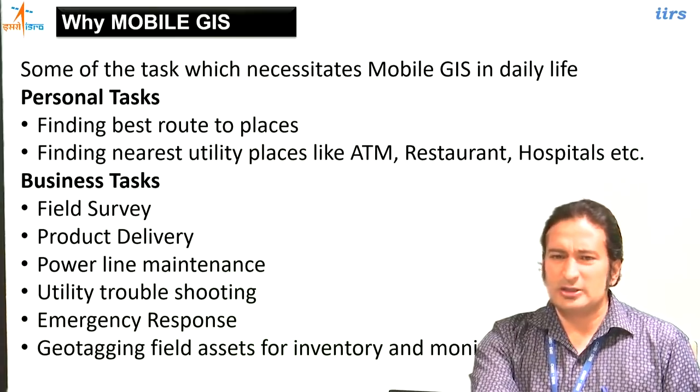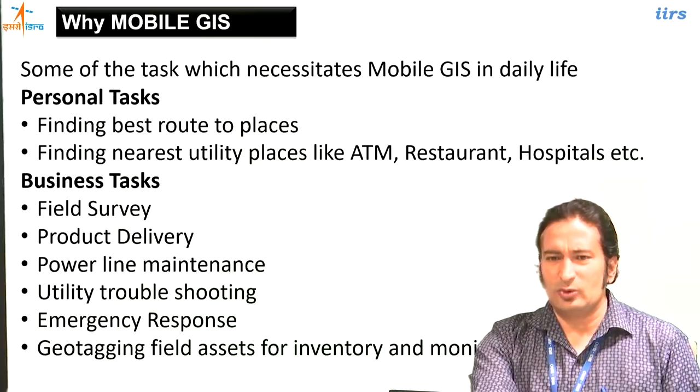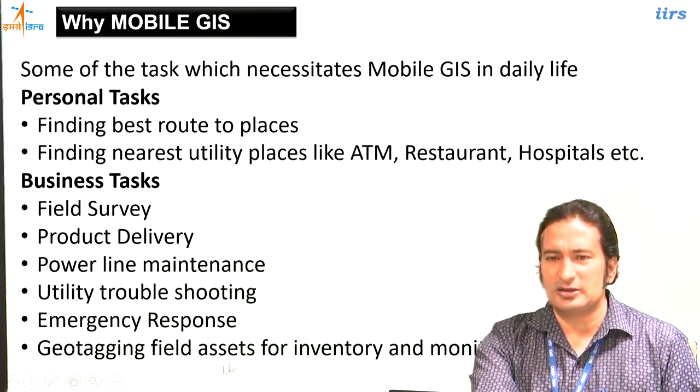Many instruments are distributed across the field, and they can be geotagged. We can have a regular person over there who captures photographs as well as information about those assets at regular intervals and sends it to the central management or central server. So we can perform monitoring as well as inventory of those assets.